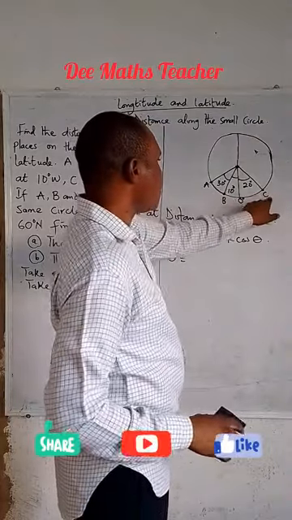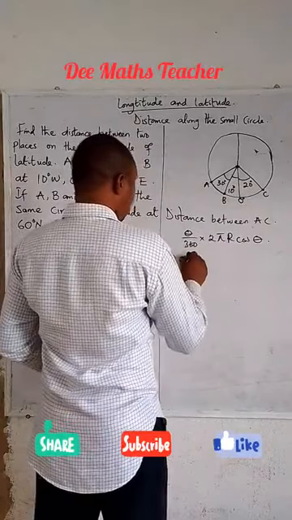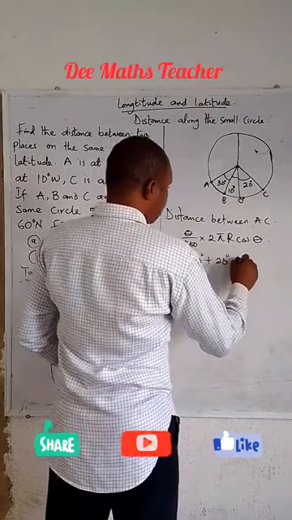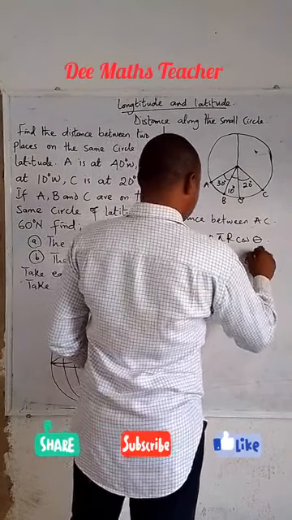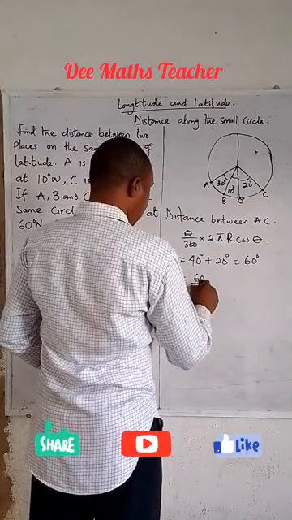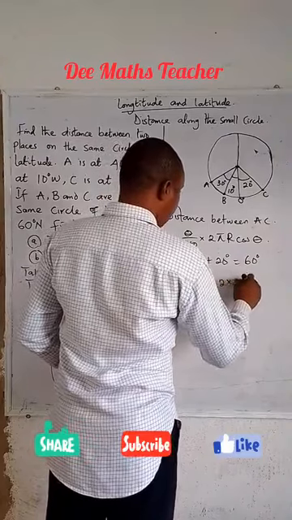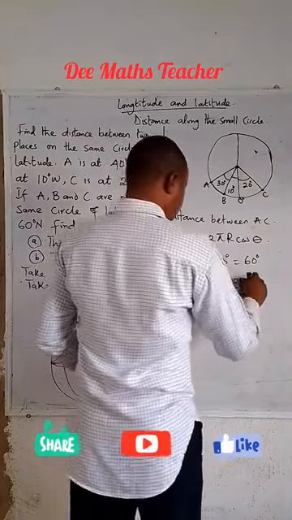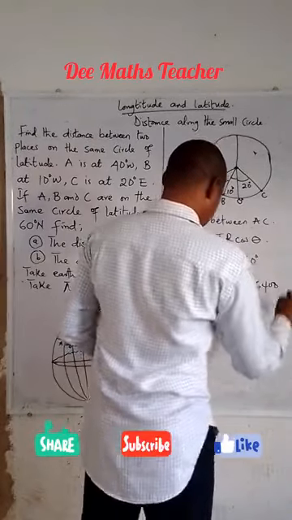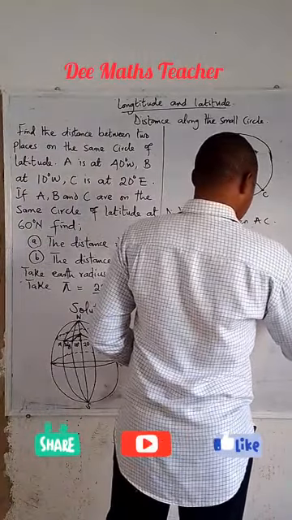Then from this 0 to this C is 20. So we are going to add the whole angle together. So that will give us 40 degrees plus 20 degrees, so everything will give us 60 degrees. So we have 60 over 360 multiplied by 2 times 22 over 7 multiplied by our big R, which is 6400, then cos 60.